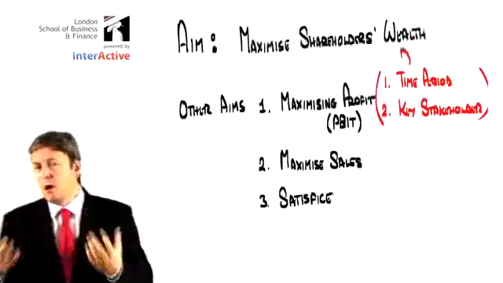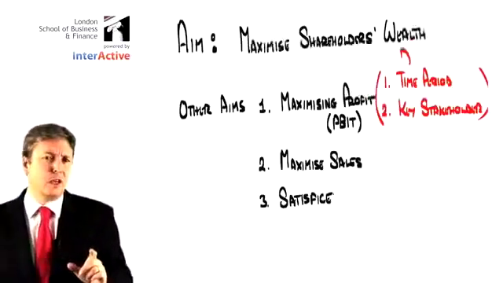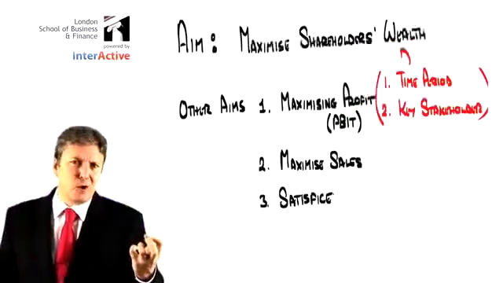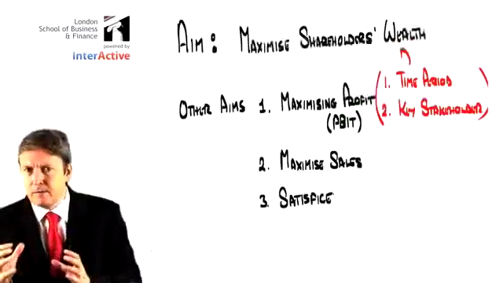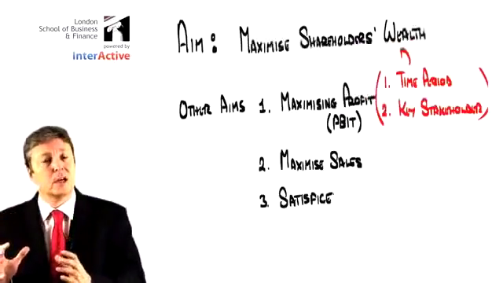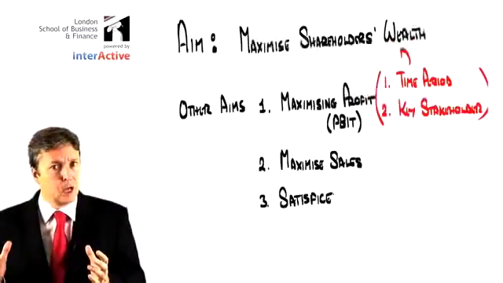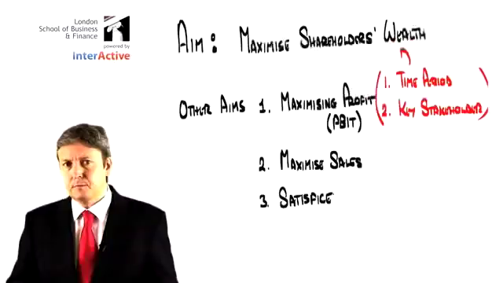And I think if you look at most companies, maybe the company that you're working for, that's probably what they do. They go for enough profit, but at the same stage, they try and stay within an environment within which they feel confident and happy. So, these are the sort of other aims that we may consider.